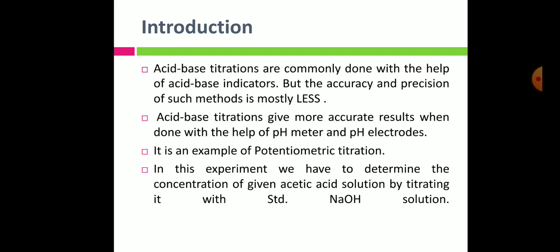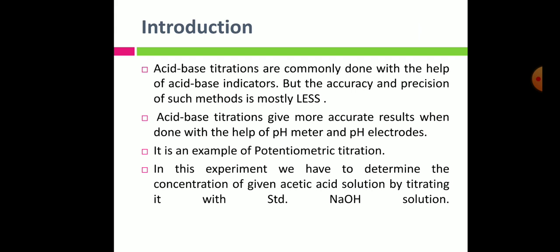When we do the titrations with the help of acid-base indicators such as phenolphthalein, methyl orange, then we have to stop the titration at one point where the desirable color change takes place, and that is called the end point. Now the perception of the desirable color change differs from person to person, and this results in error in noting down the end point value.